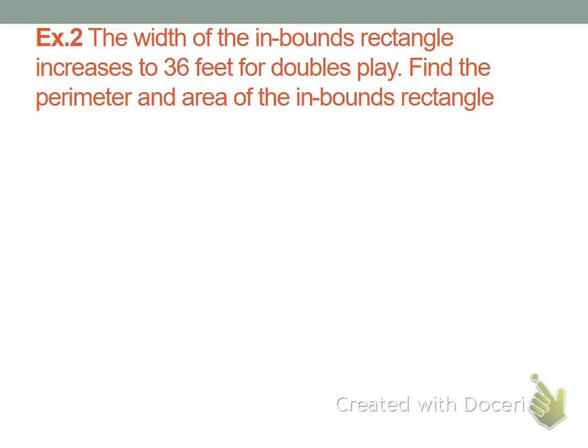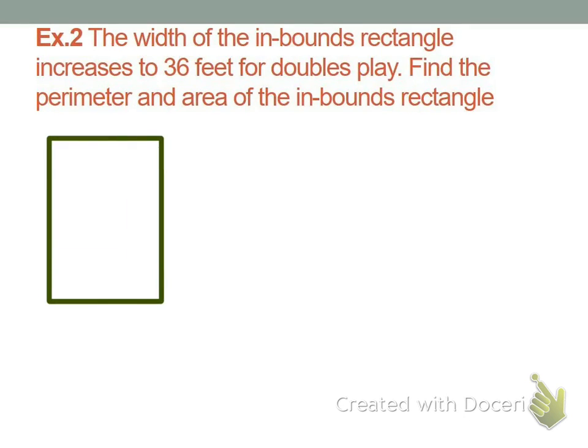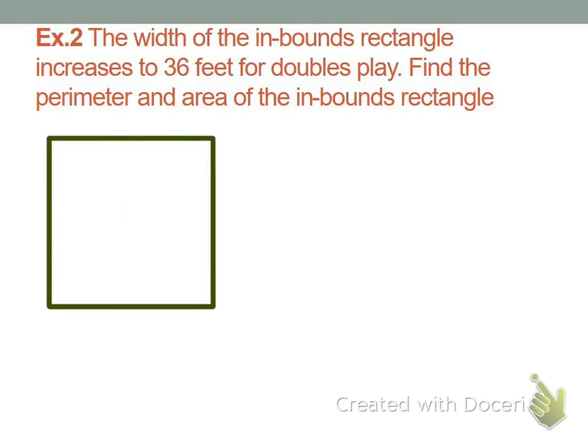This one kind of refers to the same type of problem as the last one. The width of the inbounds rectangle increases to 36 feet for doubles play. Find the perimeter and area of the rectangle. We could draw ourselves our own little picture for this with an increased width. You could fill the lines in on the inside. So what's my new width going to be?